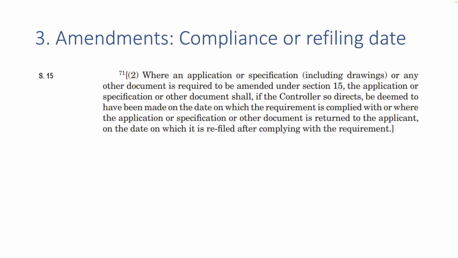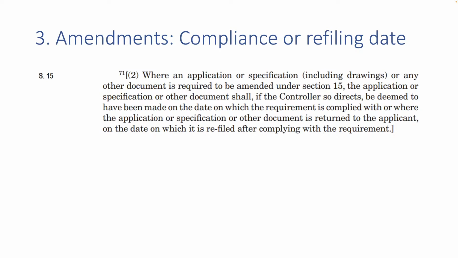So in case of amendments under section 15, if there is a compliance that needs to be done, the date will be the day on which the compliance was completed. Or if there was a refiling that was required, like the controller asked the applicant to correct a document and refile it, then it will be the date on which the refiling was done. So in the case of amendments, the date can change to the compliance date or the refiling date.